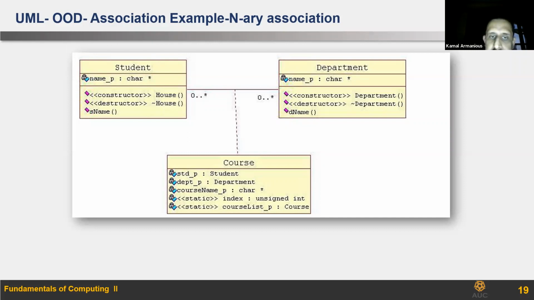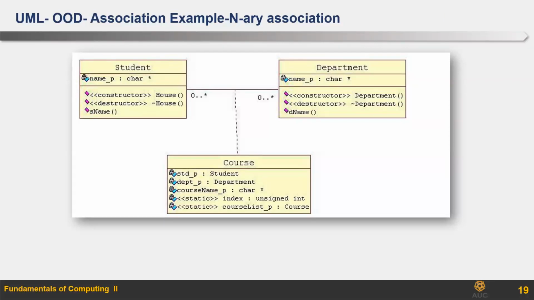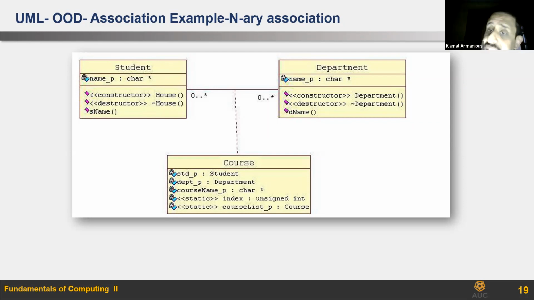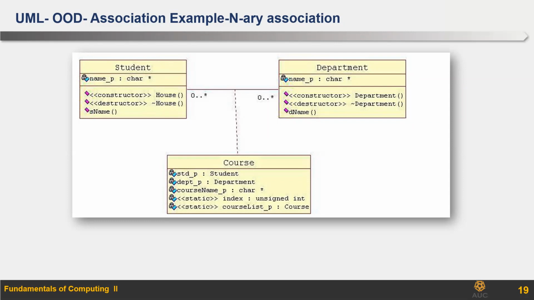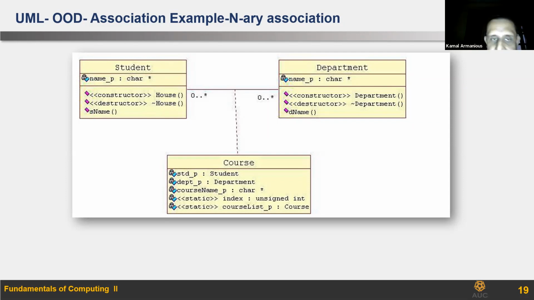Yes. And what is the role of the department here? The role of the department is to organize the students' courses. Exactly, that's perfect. And what is the role of the course in this relationship? Give information to the student. Yeah, this is related to the student, and you forgot the department. So the course is being taught in a given department.